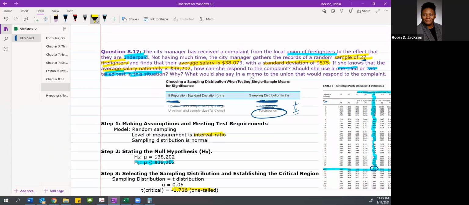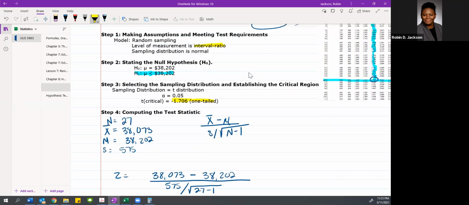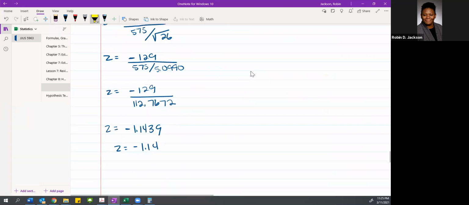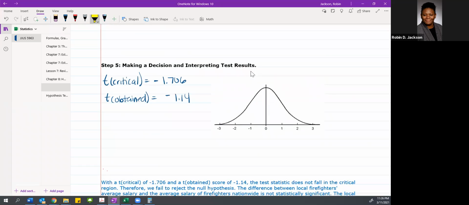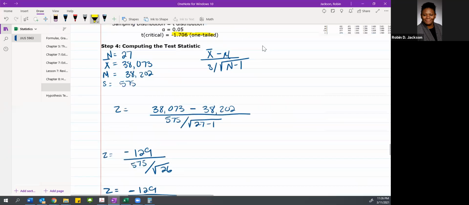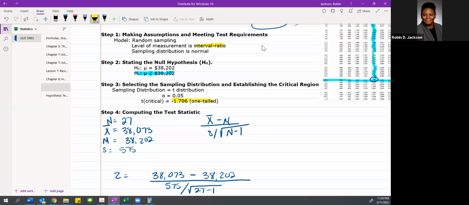Well, that lets us know that we're looking at the less than sign. So we're looking at everything on this side of the distribution, and everything on this side has a negative sign. So our T critical is going to be negative.